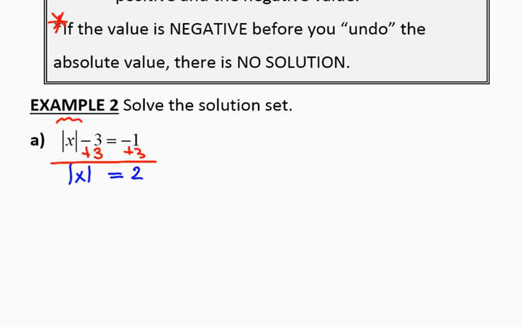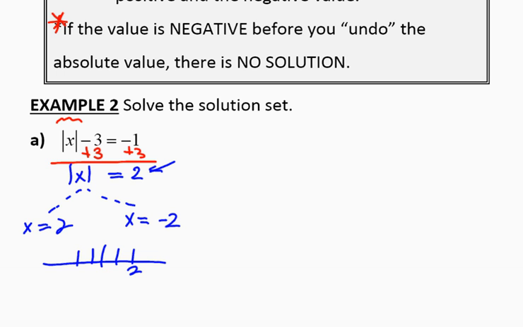So the absolute value is now isolated, so we're going to undo it. We're going to say what's inside, which is the x, is either equal to a positive 2 or x is going to be equal to a -2. And that will be our solution. On a number line, we'd have a 2, -2, and those would be my solutions there.